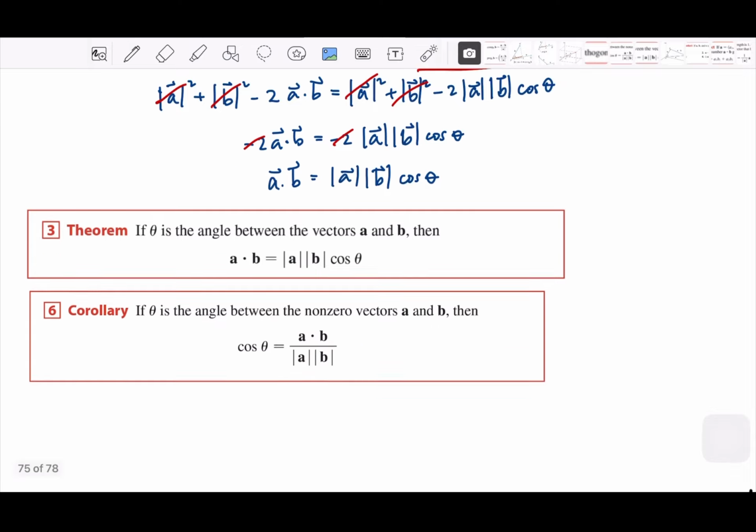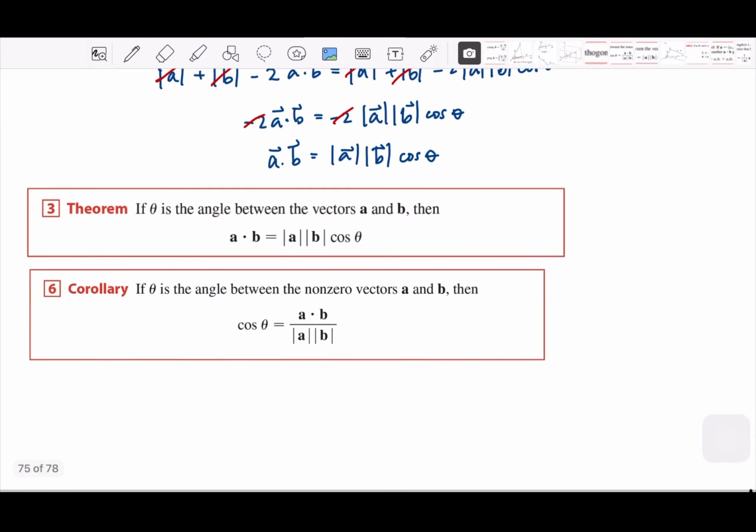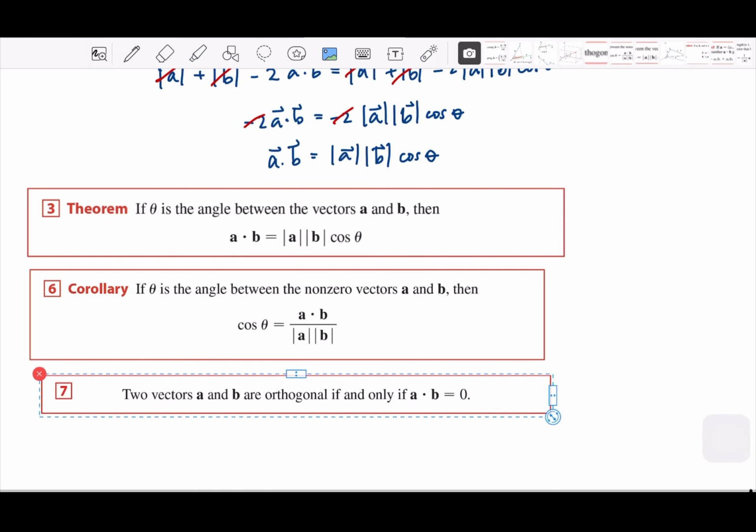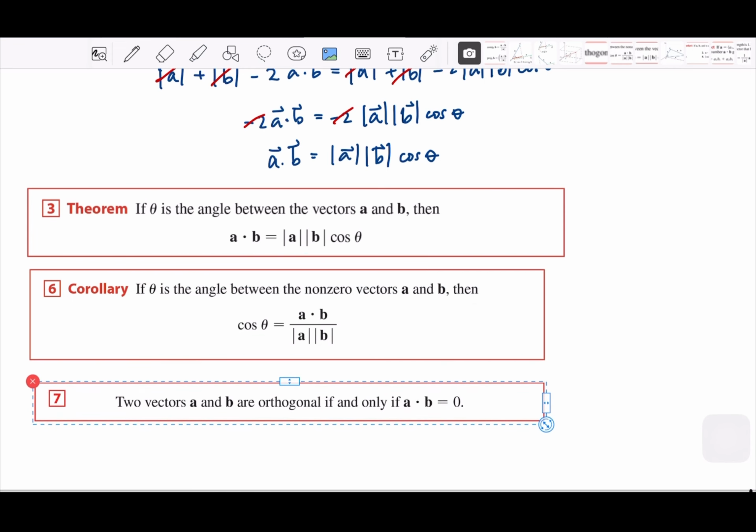From this property, we can also conclude that if the vectors a and b are orthogonal, then a dot b will be 0. So they are orthogonal if a dot b is equal to 0.